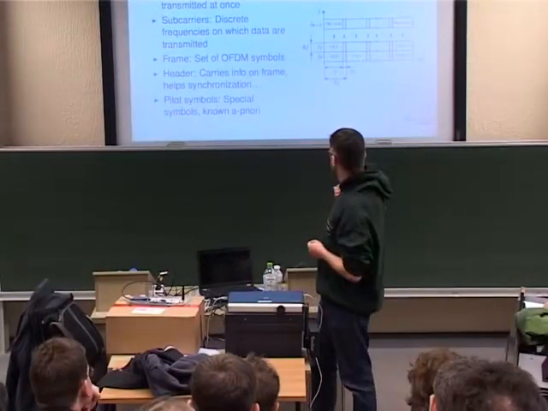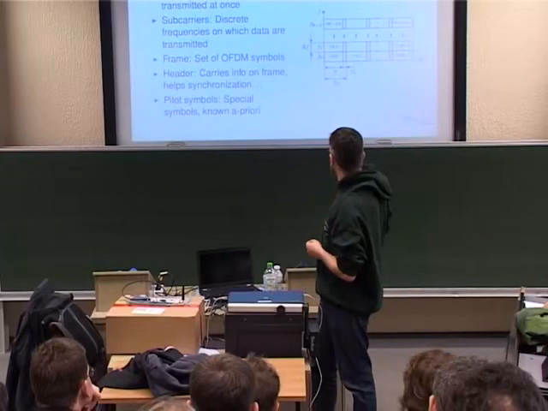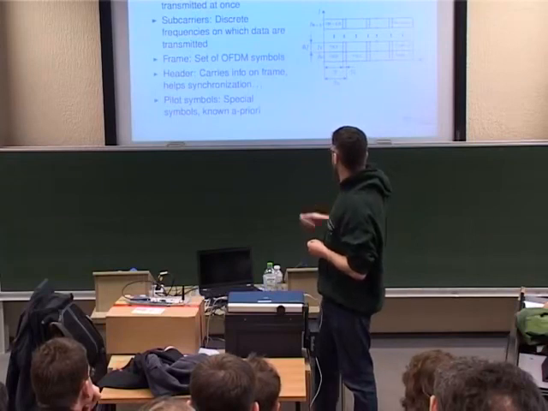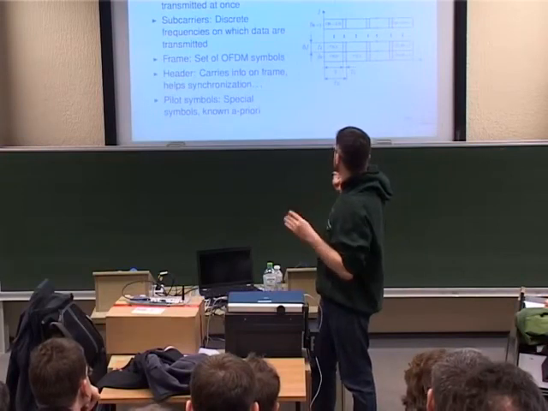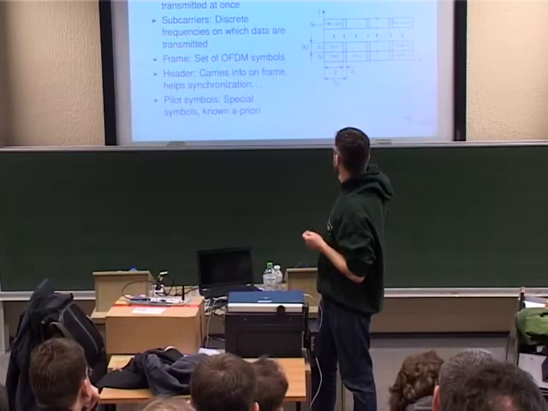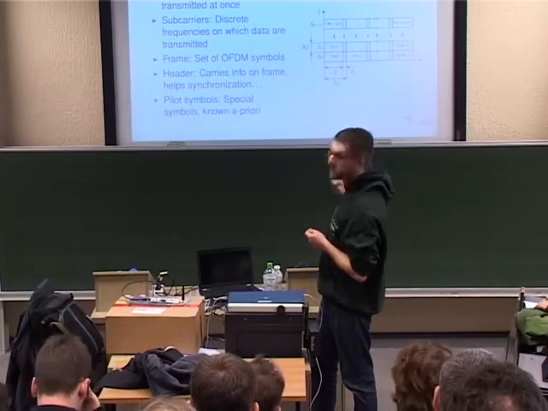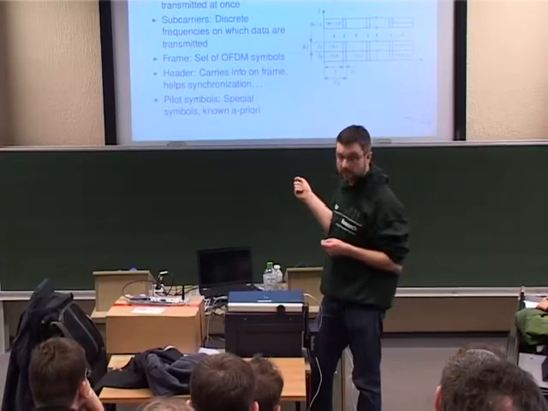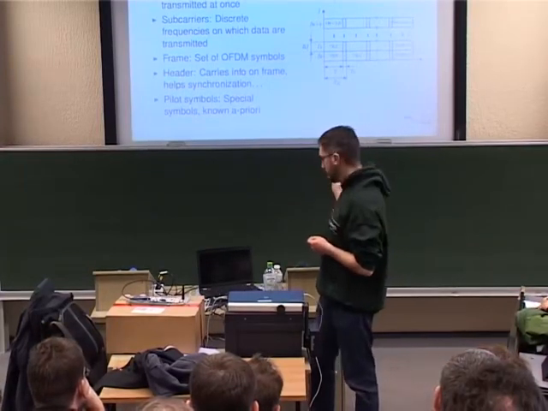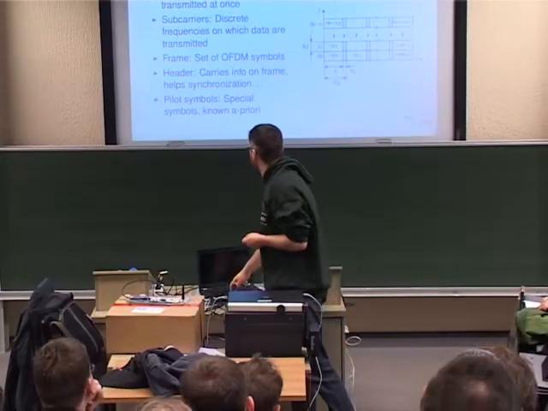You can see these complex symbols are spread out in time and frequency. And if you don't know what complex symbols are, have a look at this. You take bits, in this case 2 bits, and then you map them onto a complex number. And this picture was copied straight out of the 802.11 standard. So this is all very, very real stuff that I'm talking about, okay?